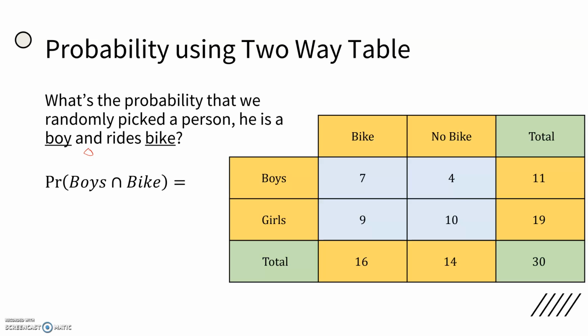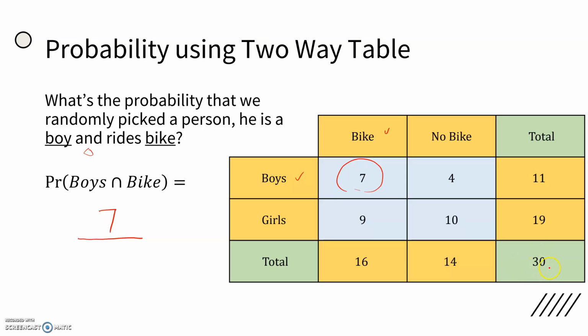So if we check that, we'll find the number of boys who ride a bike, so it will be this big number that we circled. That means 7 boys ride a bike. Now remember, the probability is always a fraction. It's going to be equal to a number, in this case 7, over the total.